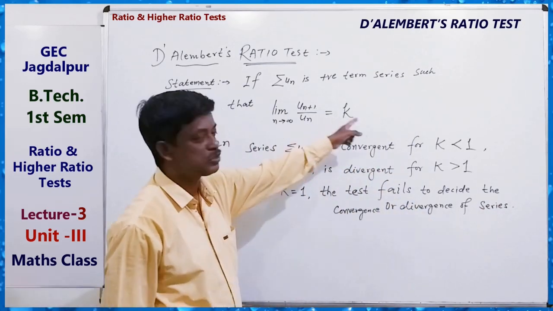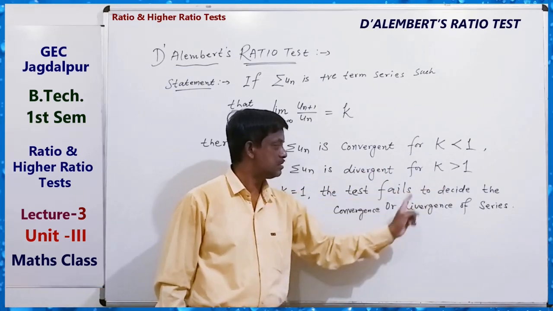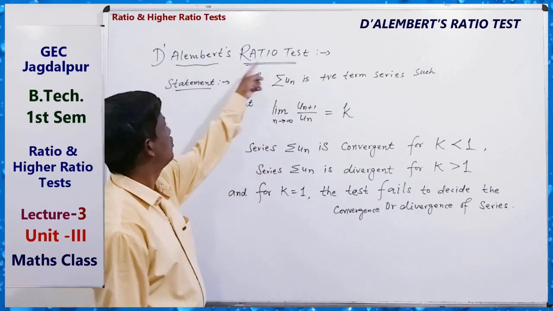Means if the limit is equal to 1, the test fails to decide the convergence or divergence of the series. So this is the statement of D'Alembert's ratio test.